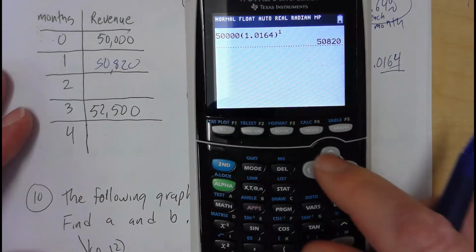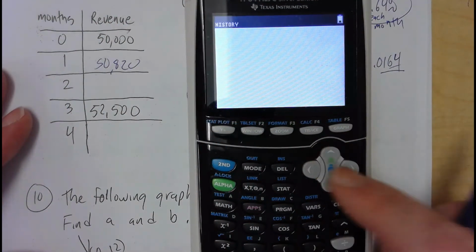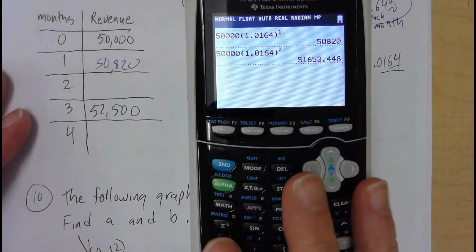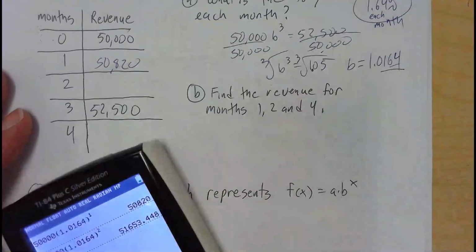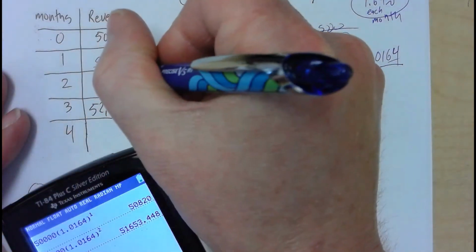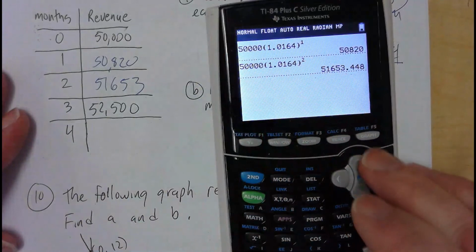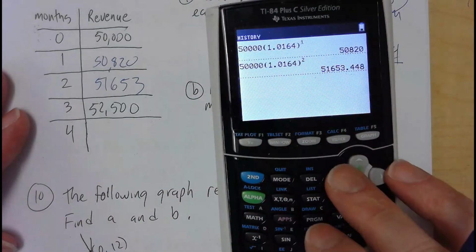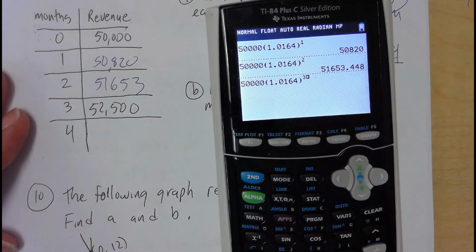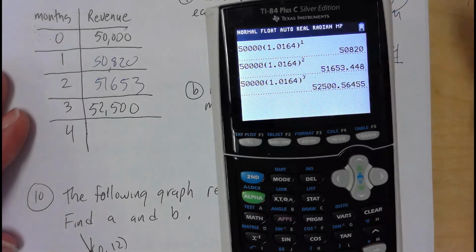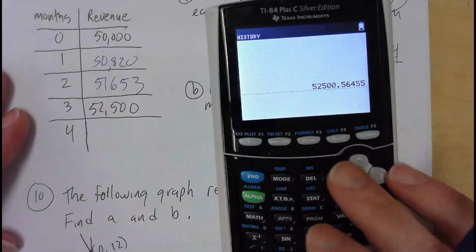And then we're going to do it for 2 months. 51,653. And then we're going to do it for 3 months. Now, if you do it for 3 months, it's not going to be exactly 52,500 because of rounding, but it lets you know that you did it right.